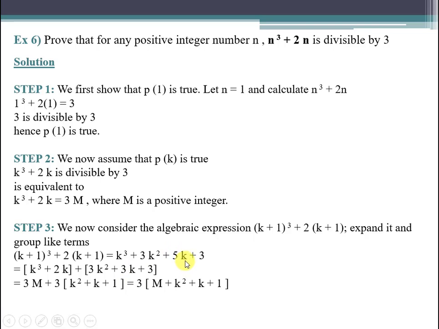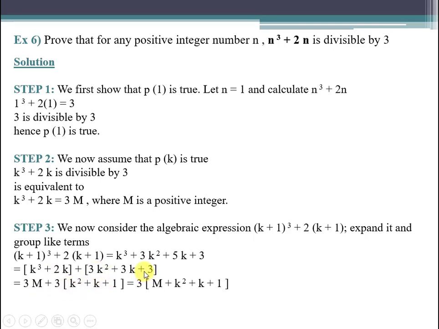So we can write 5k as 2k plus 3k. However, k cubed plus 2k, from the second step, from the assumption, is equal to 3m. So we can change k cubed plus 2k to 3m, plus 3 multiplied by the bracket.